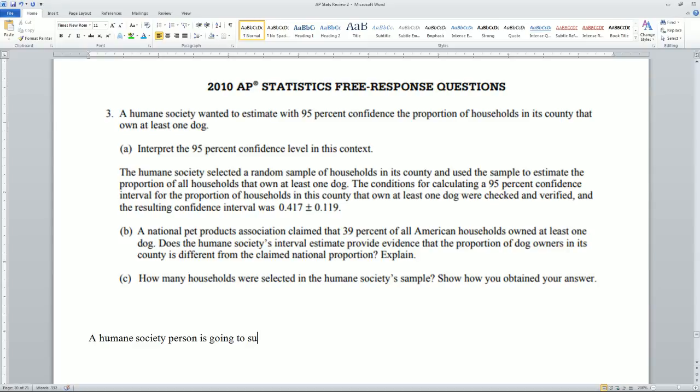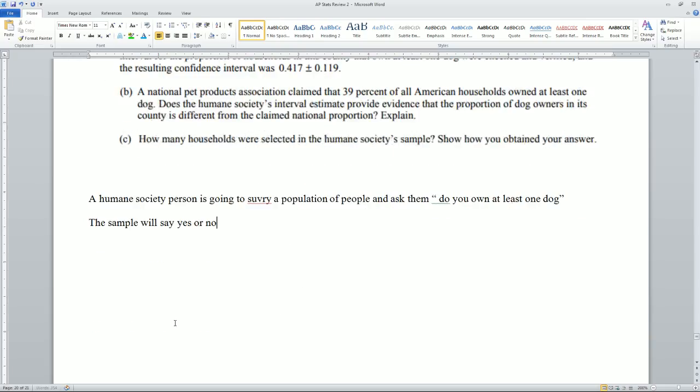Survey a population of people and ask them if they own at least one dog. The sample will say yes or no, correct?